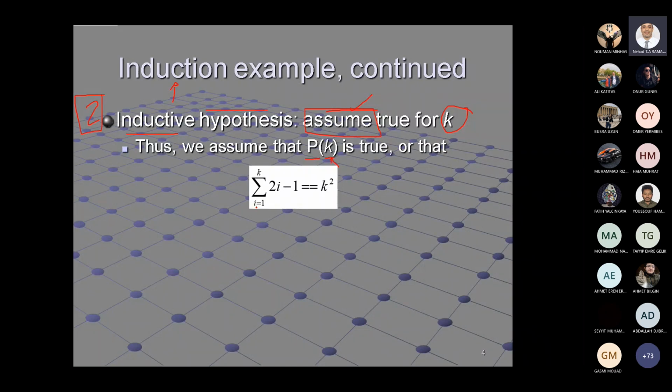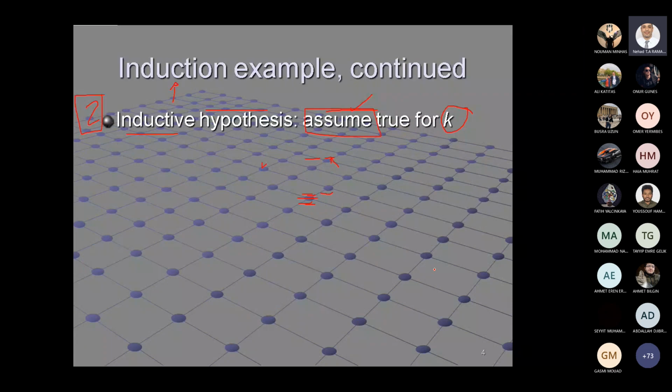The equation is the summation from i equal 1 to k of 2i minus 1, which must be equivalent to k to power 2. From where do we get this?